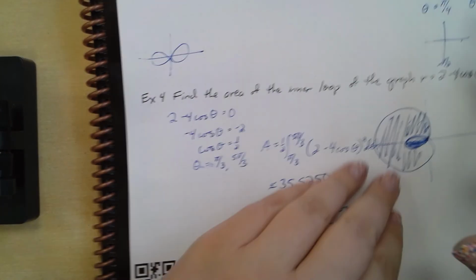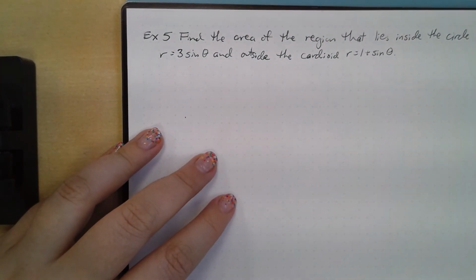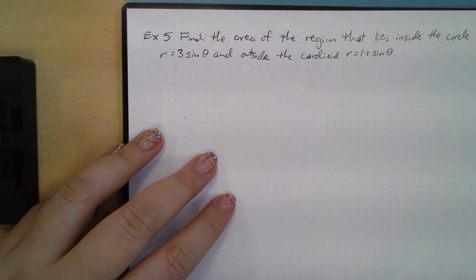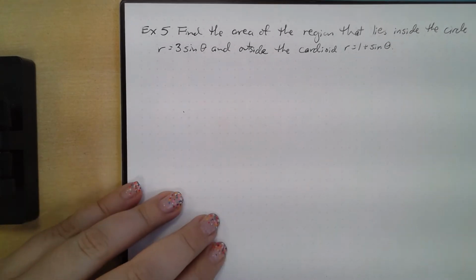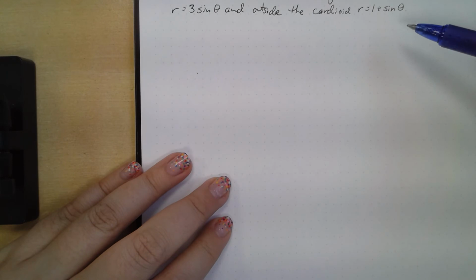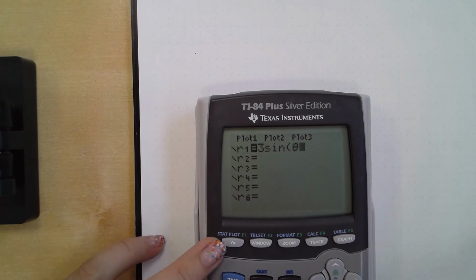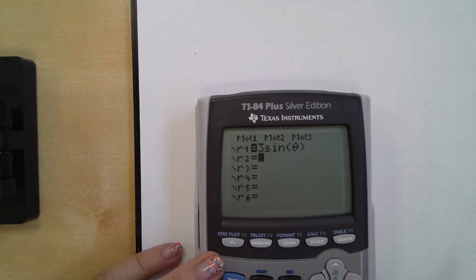Okay, let's continue on here. We want to find the area of the region that lies inside the circle r equals 3 sine theta, and outside the cardioid 1 plus sine theta. Okay, well if I graph that, I'm going to go 3 sine theta and 1 plus sine theta.